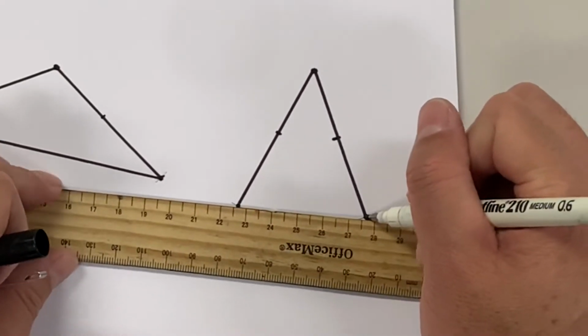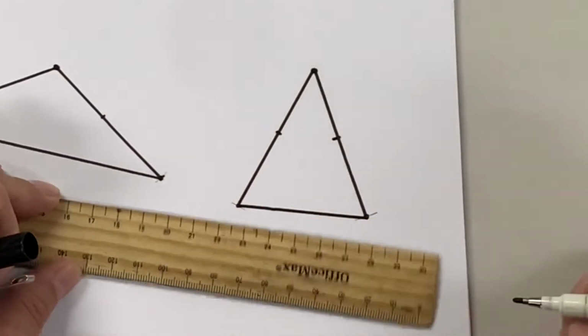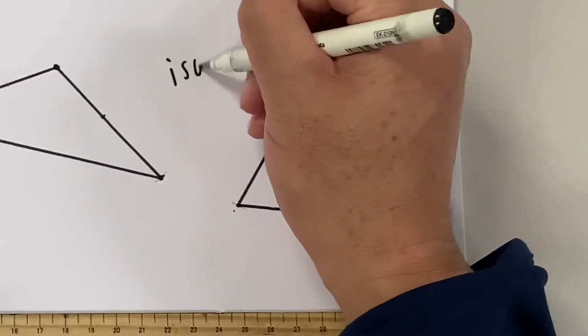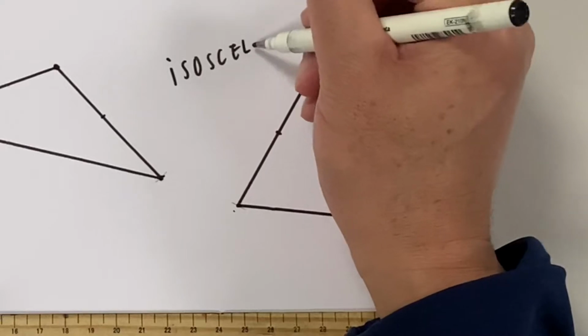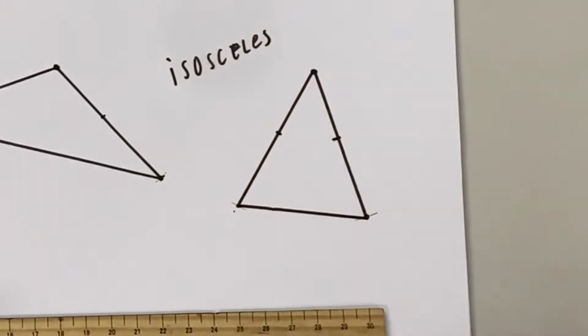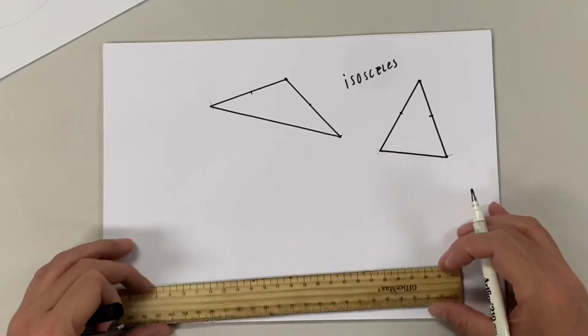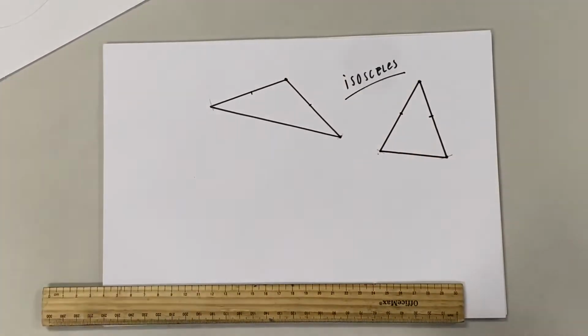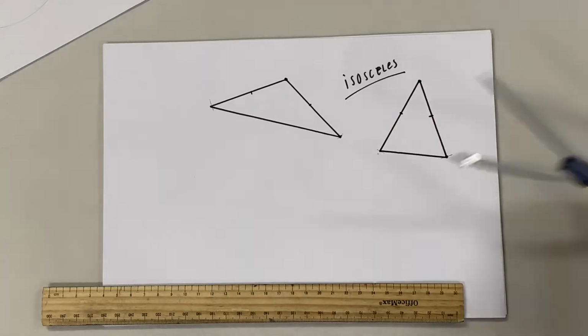So if I connect these two dots, this is another isosceles. Oops, there you go. So here is your task. Can you make an isosceles on a piece of paper using a compass?